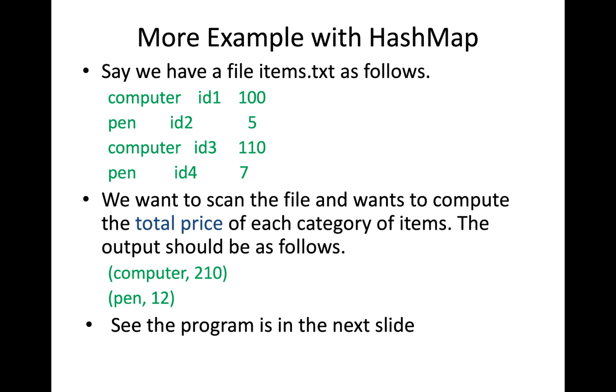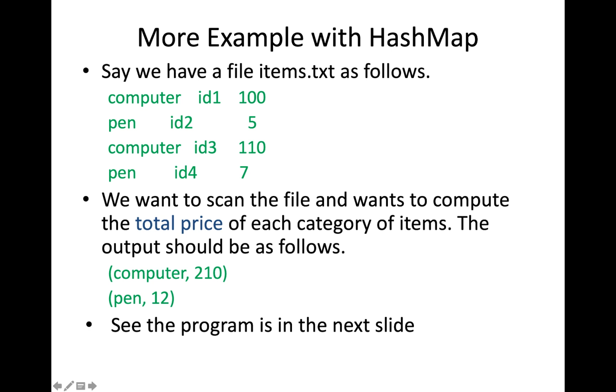Now what sort of program do we need? If you think a little bit more, you will understand that using a hash data structure, like Ruby's hash or Scala's map, which supports key value pair, helps us, because computer can become the key and value can be 100 here, and then again when we experience another computer, so same key, we can increment the value, which was 100, with 110, and that can become 210, right?